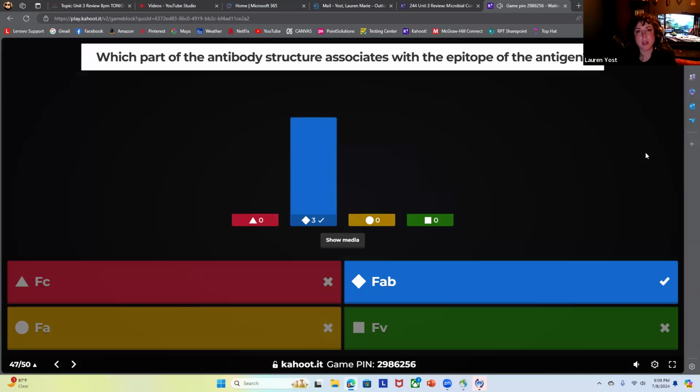So that's going to be FAB. So that FAB region of the antibody is the region that has the variable region. The variable region is where we get the variety that allows us to recognize specific antigens, very specific antigens, and not just the antigens, but the specific epitopes on the antigens. And the epitopes are just the part of the antigen that the antibody is going to be interacting with specifically.